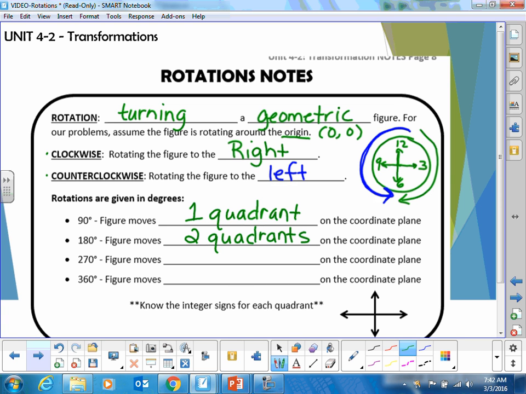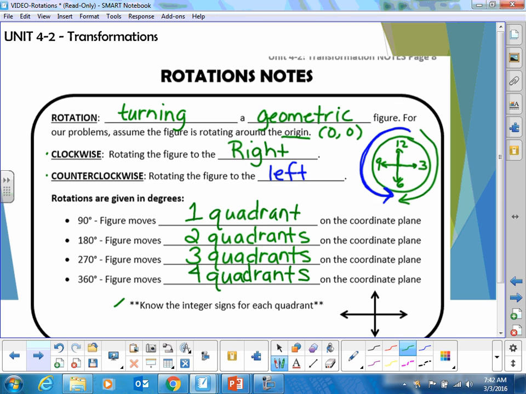And 270 is another 90 degrees, so that's going to move another quadrant, so that's three quadrants. And then, of course, 360, you can guess, would be four quadrants. That's back to where you originally started because there's only four quadrants on the coordinate plane.